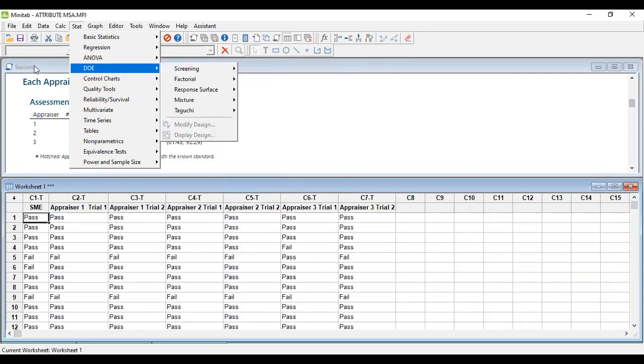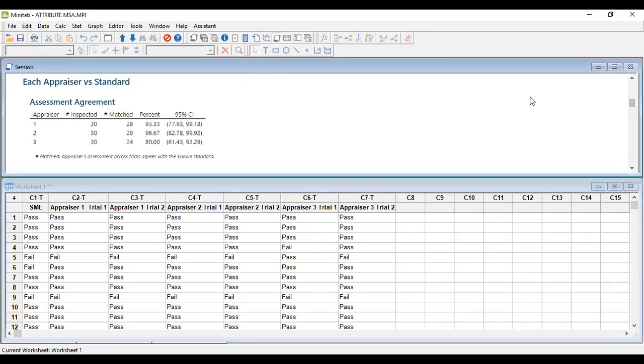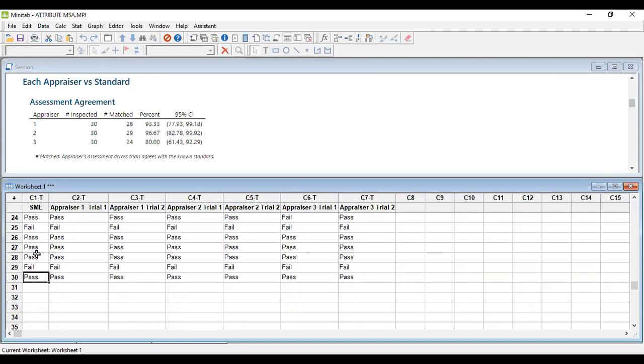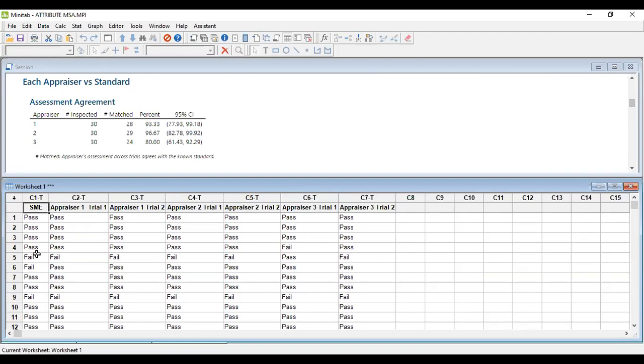There are different uses which we'll get into. The first one is we are looking at measurement system variation for an attribute kind of data, or discrete data. So if you look at this database, the first column is SME, which means that the subject matter expert of this process has taken about 30 part numbers, and he's given his reading whether the part has met a metric or not.